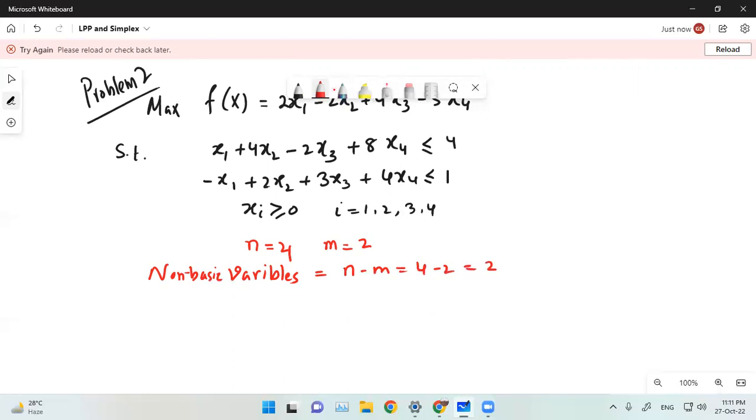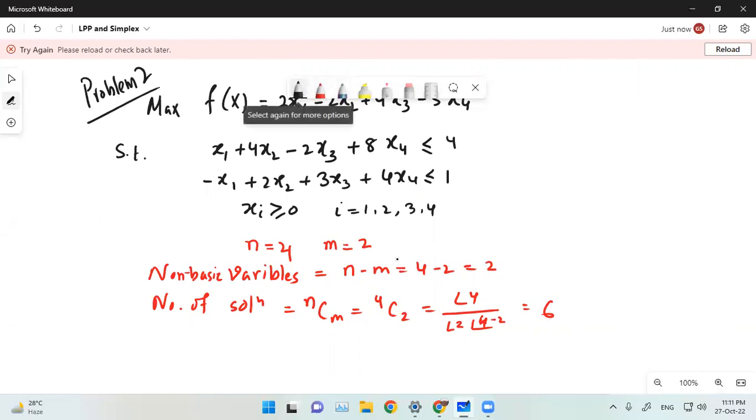Basically 2 at a time you have to set equal to 0. And the number of solutions that we will have is nCm, so 4C2, which is factorial 4 over factorial 2 times factorial 4 minus 2. Ultimately, it will give us 6 solutions. So basically 6 trials you have to give.